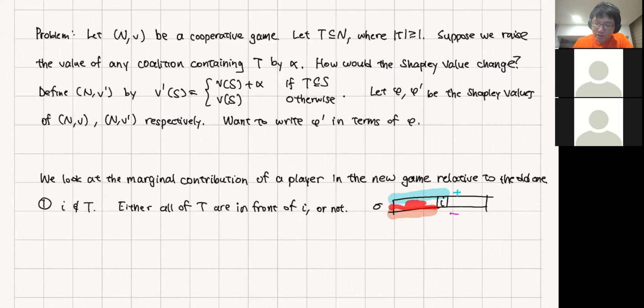And also the value of this coalition will increase by alpha.